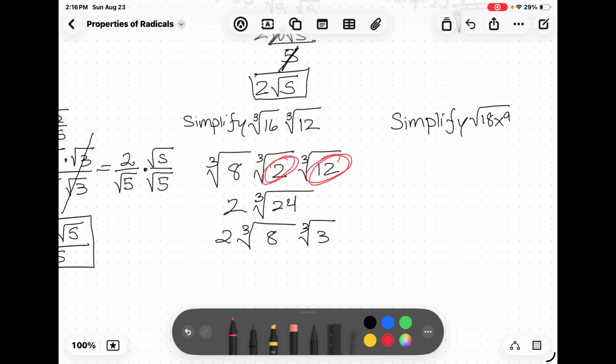So you could have seen the 8 back there. One way or another, you get to it. And now I've got here 2, and then the cube root of 8 is 2. So that's 2 times 2 is 4. And cube root of 3. Very good.